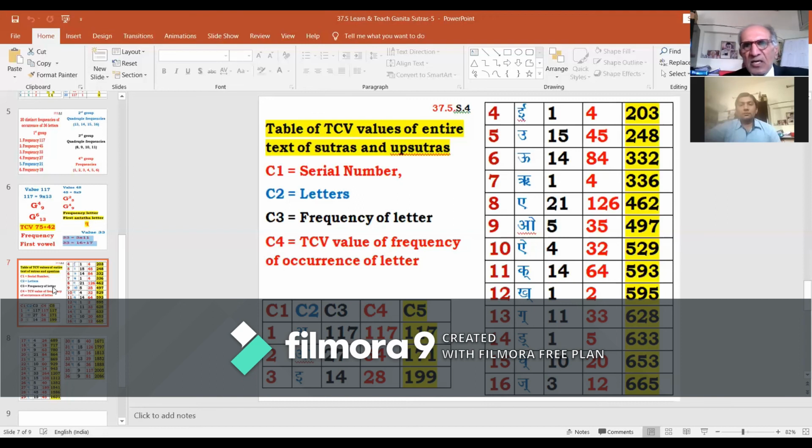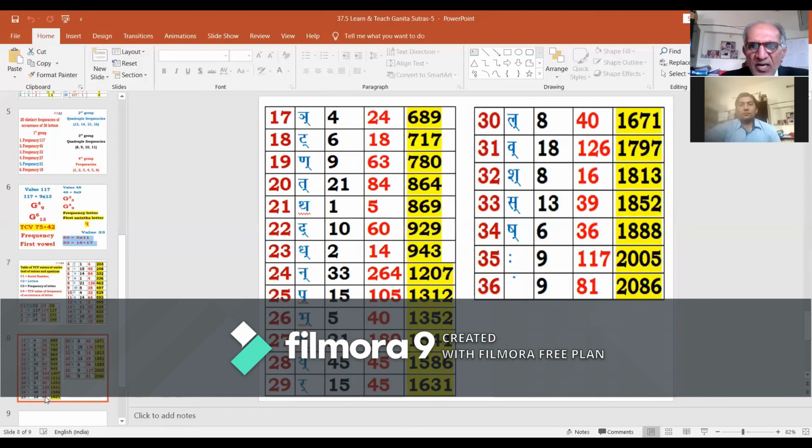Like that, in this table we have reached up to the last letter, the 26th letter, the Anuswar, with frequency of occurrence 9 and TC value 81, and the final complete reach comes to be 2086.